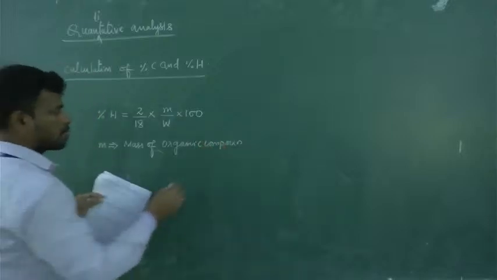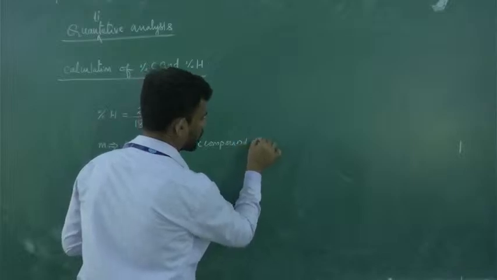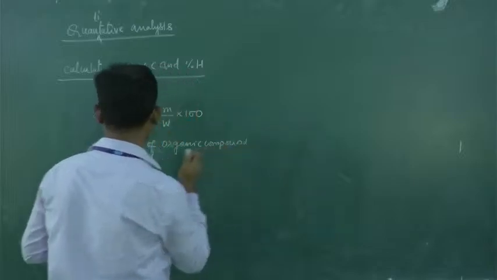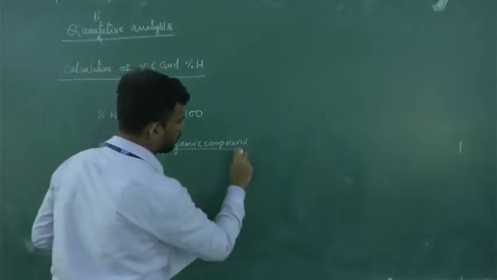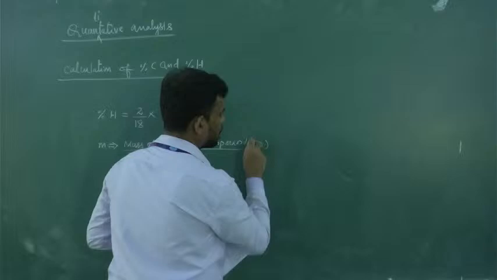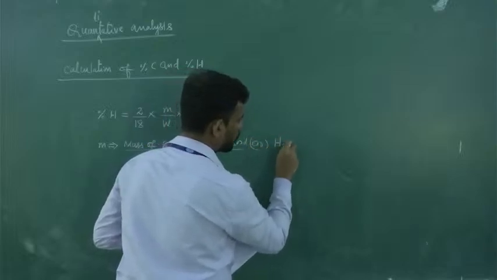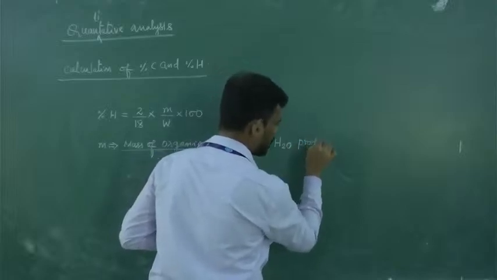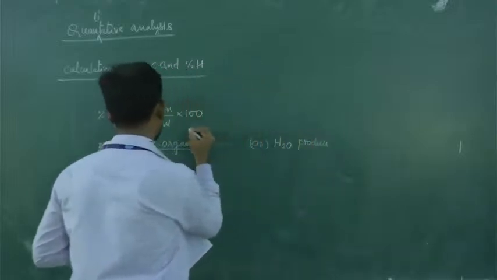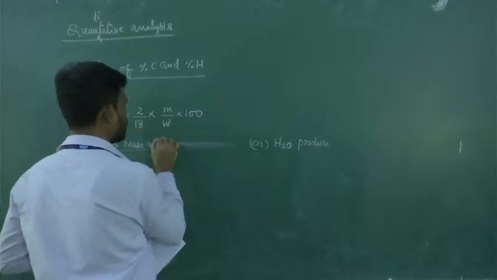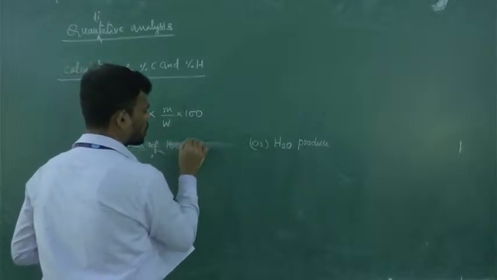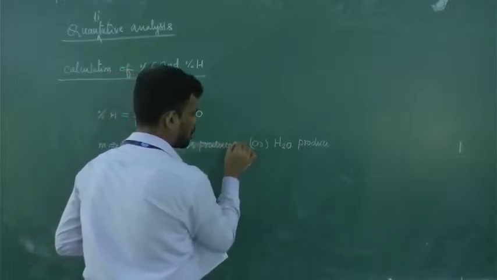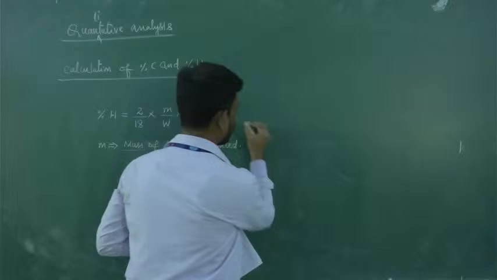Next, m is going to be the mass of organic compound, or you can say, that is exactly not the mass of organic compound, it is the mass of H2O that is produced.